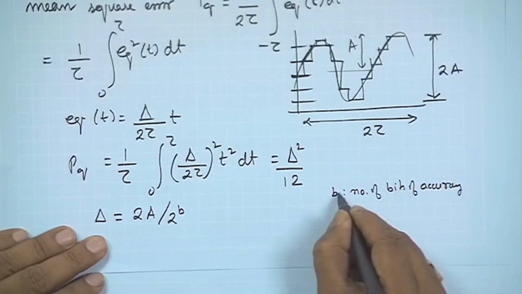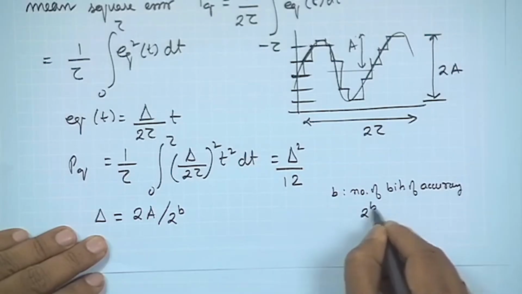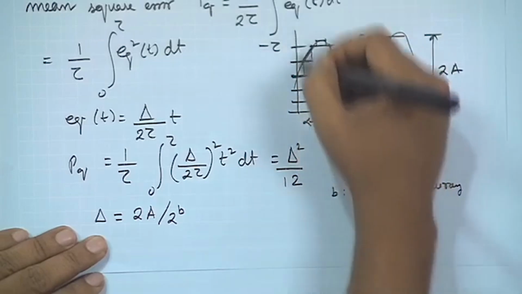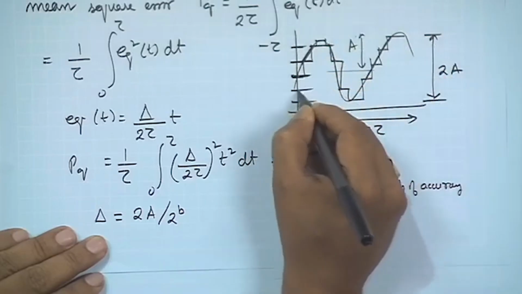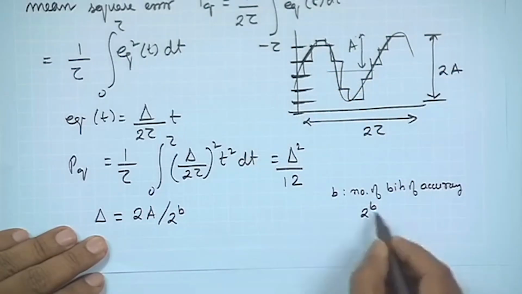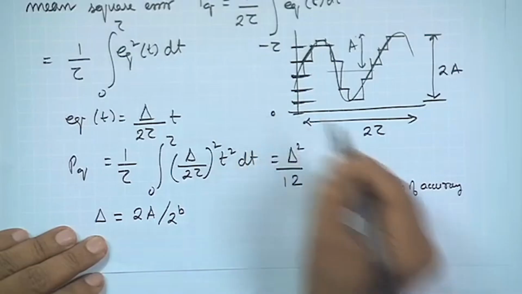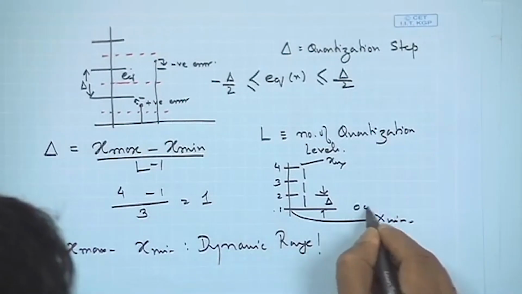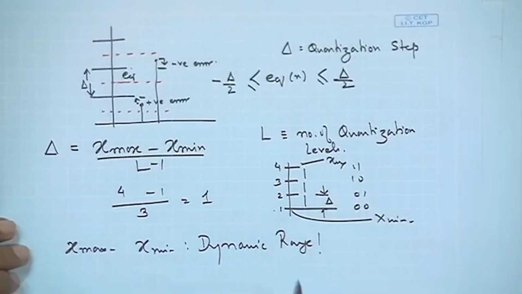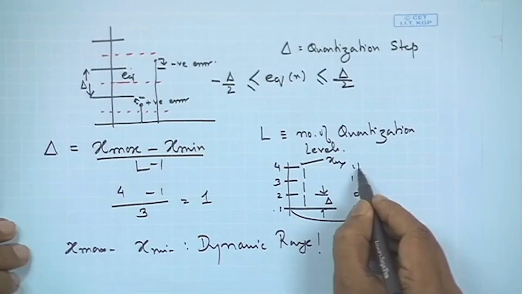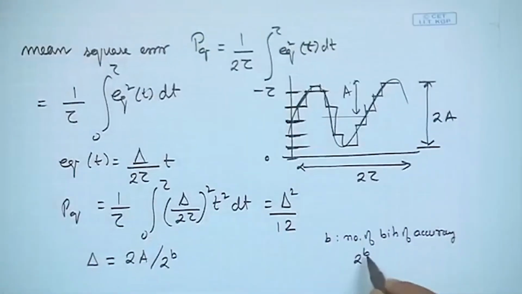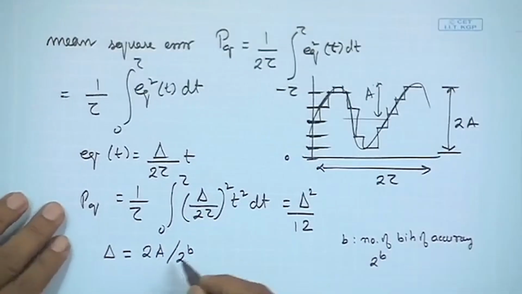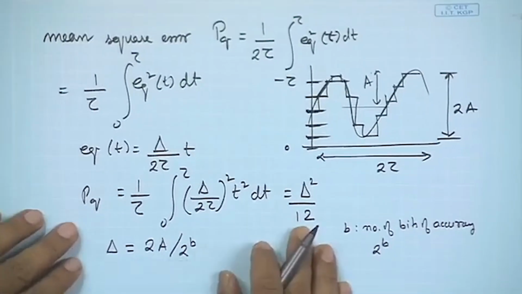If you have b bits, then 2 to the power of b levels are possible. For example, in our previous example, we could take 0 0, 0 1, 1 0, 1 1. That means there are 2 bits of accuracy, 4 values it can take. So, basically 2 to the power of b, and delta is 2a upon 2 to the power of b.